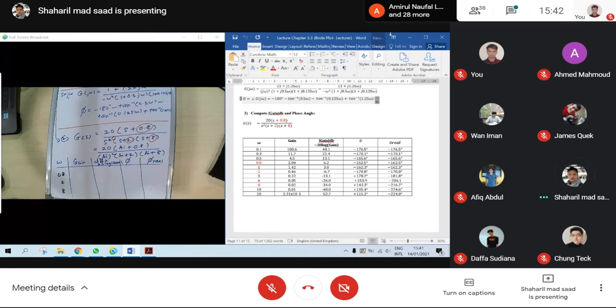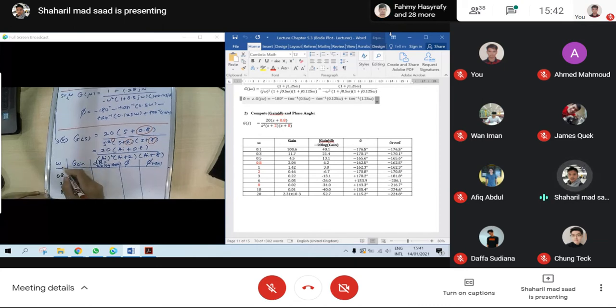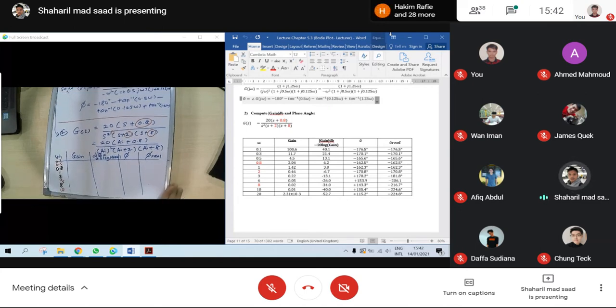So you can get other values, for example 0.5, 0.3, 0.1, 0.8, maybe 1, 2, 3 and 5, and 10. Then you can start to use your calculator.